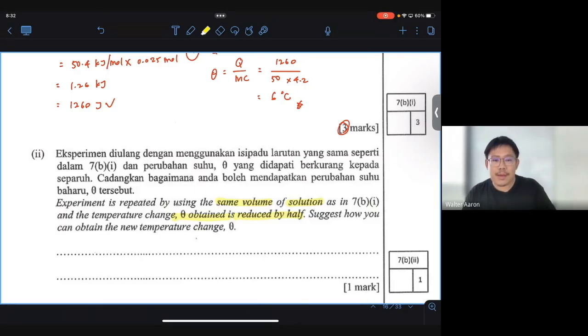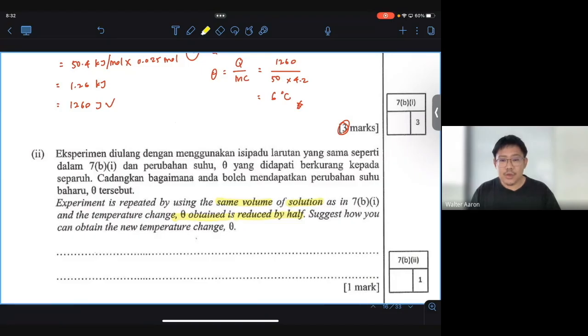How do you get back the same heat if your temperature is reduced? You can actually try to adjust the concentration. You cannot change the volume, but the thing that you can change now is your concentration. You understand what I mean?